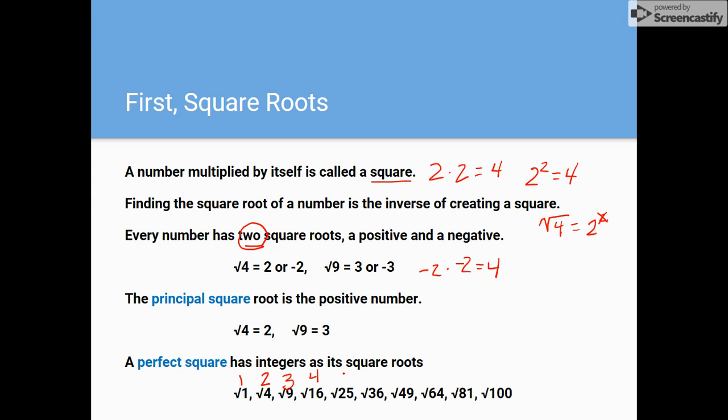Square root of 25 is 5. Square root of 36 is 6, because 6 times 6 is 36. Square root of 49 is 7. Square root of 64 is 8. Square root of 81 is 9. And the square root of 100 is 10. These are all perfect squares.